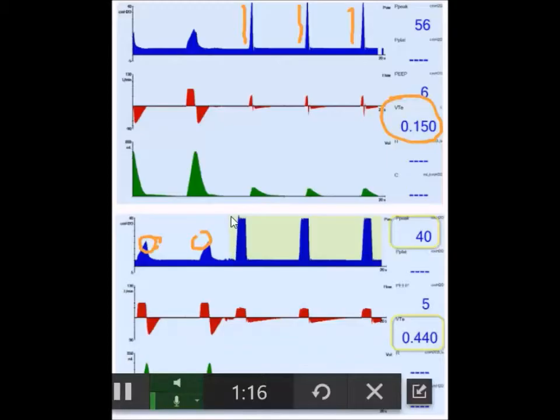What happens is it just limits that pressure, but it doesn't prematurely terminate the breath. The advantage is that I can still get a decent tidal volume. If you see me highlighting the tidal volume, it's much different than the 150 above. So this is one advantage of a dual targeting scheme.